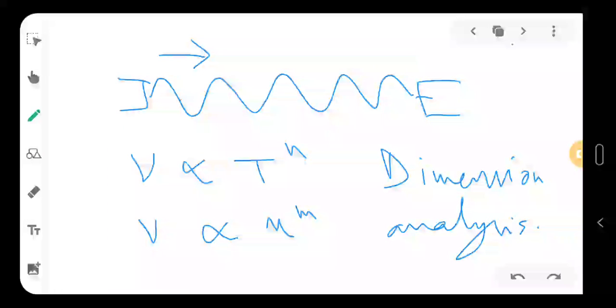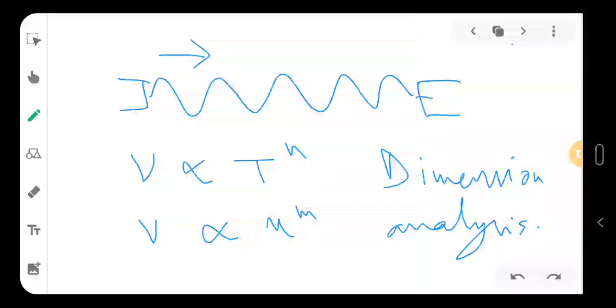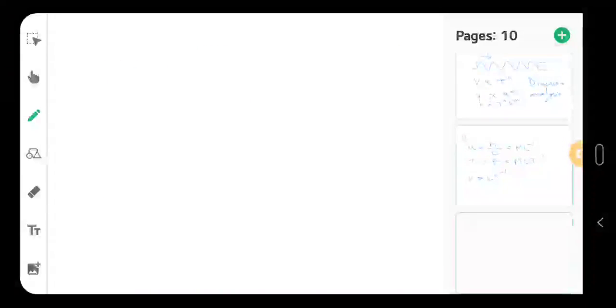So as we have taken this relationship like this, we can say that v is having some dimension L T to the power minus 1, right? So now if we talk about this relation, I can just combine them. I can write T to the power n, mu to the power m. We can directly compare them.